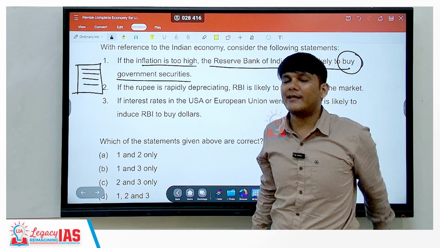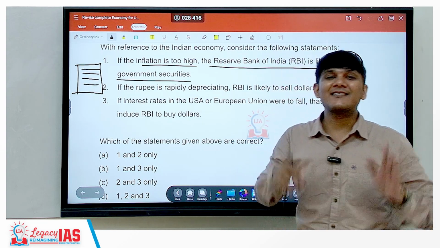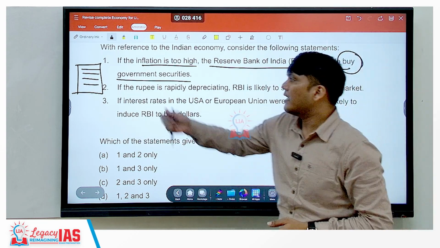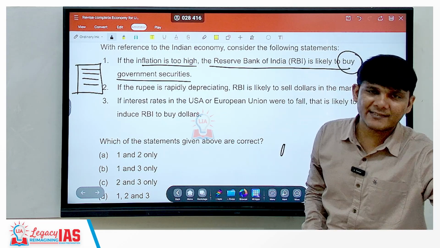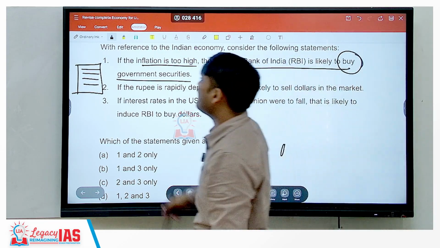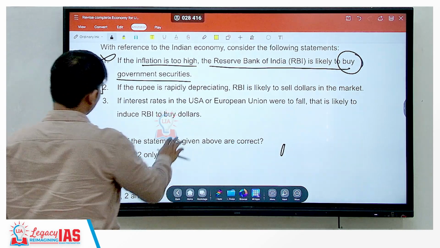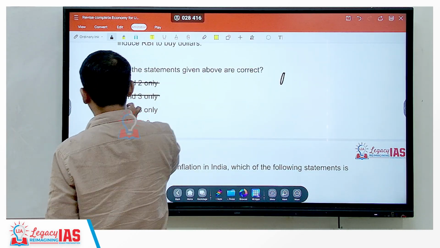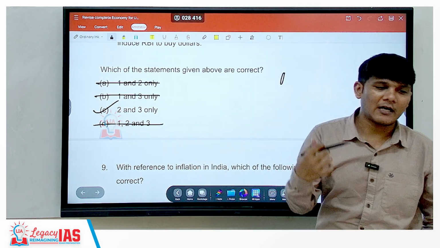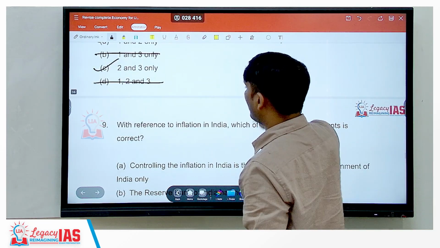So you would not be doing that. You would rather be selling the government securities, meaning giving this piece of paper to the people and taking money from that. So the money is sucked out from the economy. So statement 1 here is absolutely wrong. And hence this is wrong, this is wrong, this is wrong, and this is the only right answer. Okay.